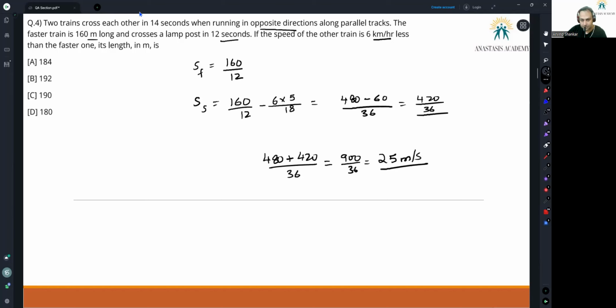So the relative speed is 25 meter per second, and they take 14 seconds to cross each other. So the cumulative distance they cover is 14 into 25 or 350 meters. Out of these 350 meters, 160 meter was for the faster train. So for the slower train, we will have 190 meters or option C.